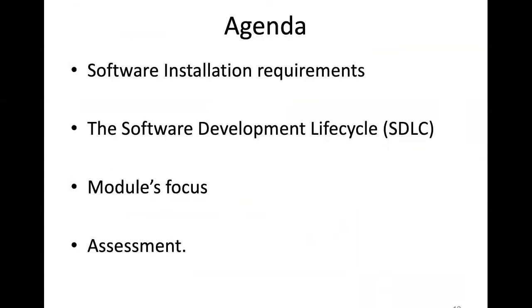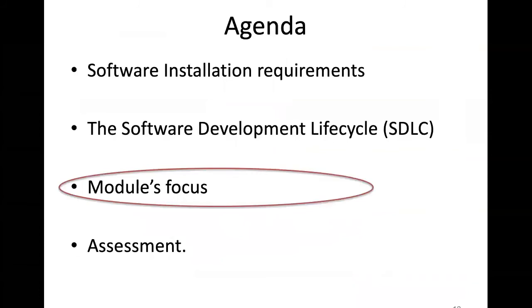So that's a very high level explanation of what I mean by the software development lifecycle. Now, where does that relate to this particular module? And I've kind of already alluded to it, really.